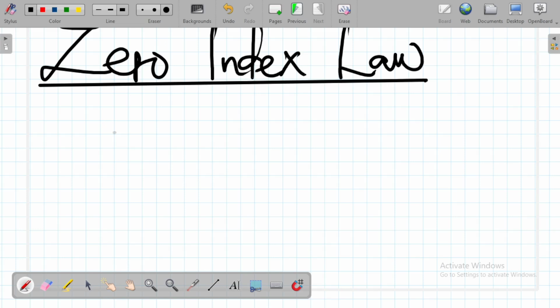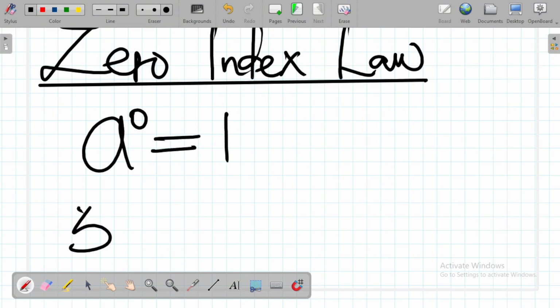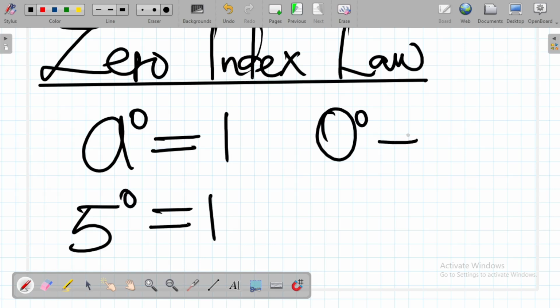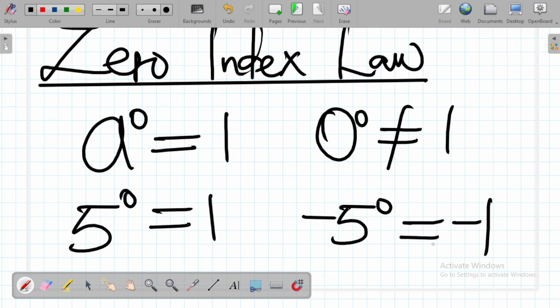So let's say a raised to power 0. A raised to power 0 is 1. 5 raised to power 0 is 1. But 0 raised to power 0 is not 1. And then minus 5 raised to power 0 is minus 1.